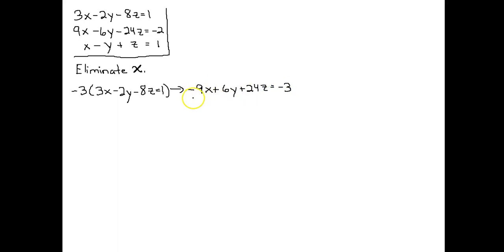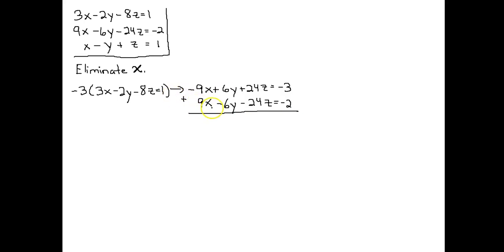Okay, so there's the first equation. And the second equation, I don't need to do anything, because now my x's in both equations have opposite coefficients. Okay, we add these two results together.